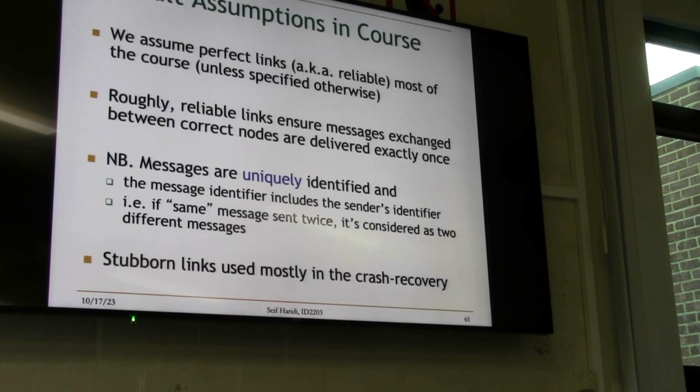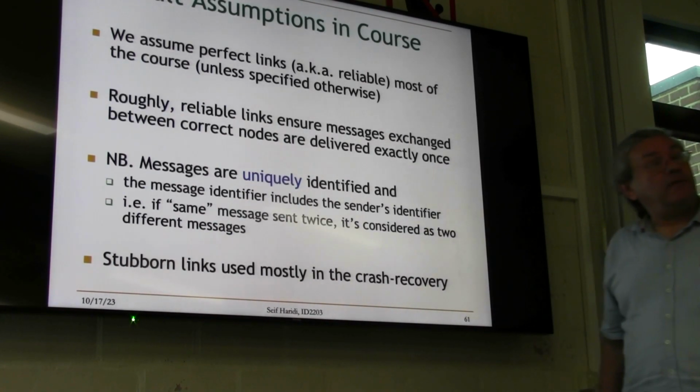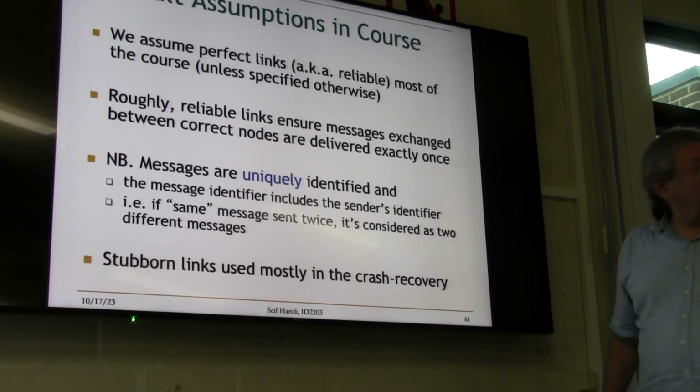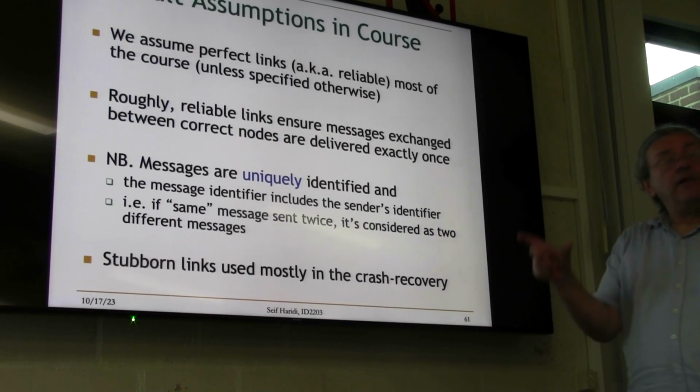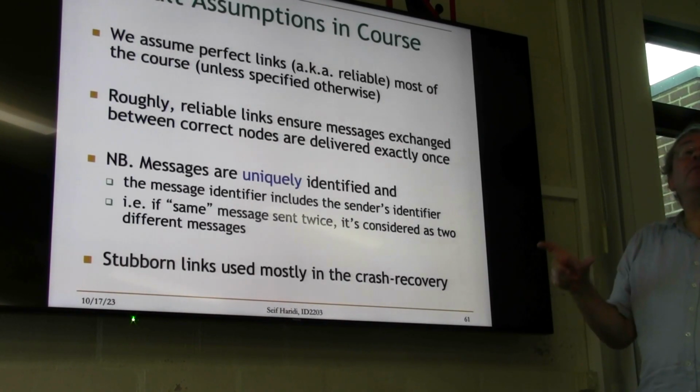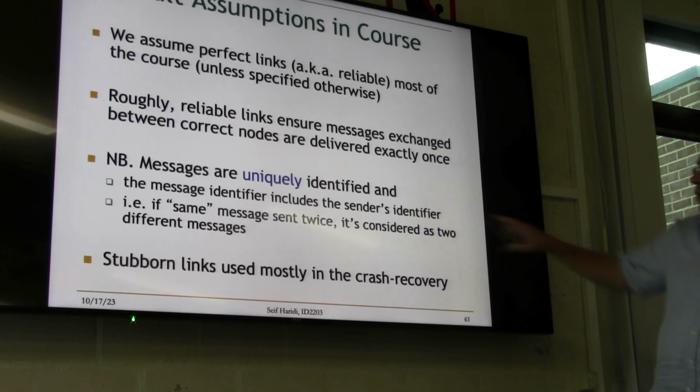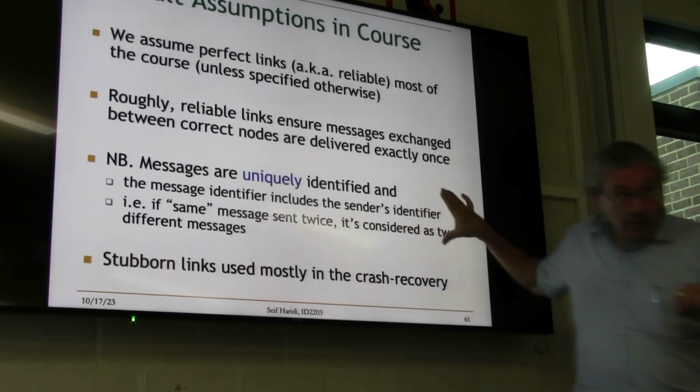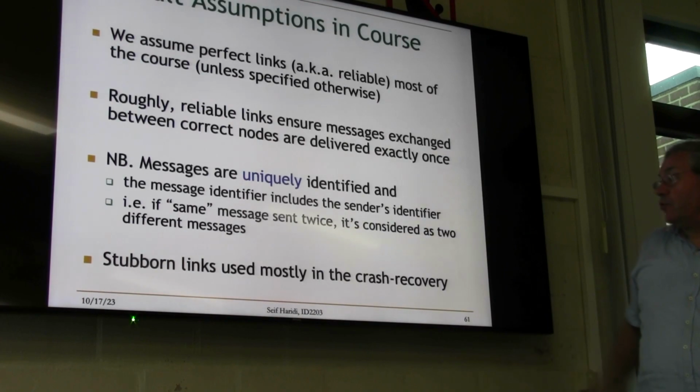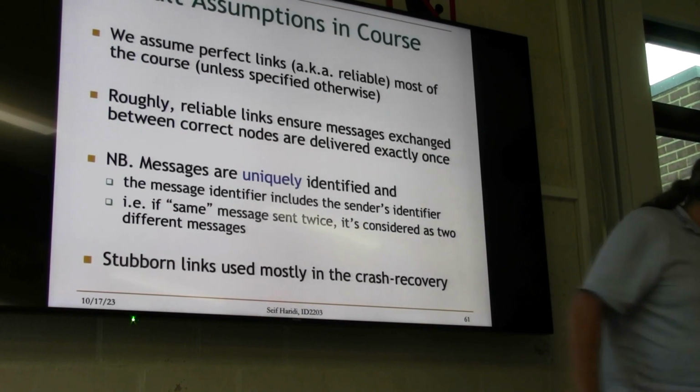In a packet, for example, there is usually data added to guarantee that. If I send a sequence of bytes, and I'm sending the same byte twice, well, it will be sent with different messages. There will be sequence numbers added. So this is the usual assumption. All messages are unique. Okay.